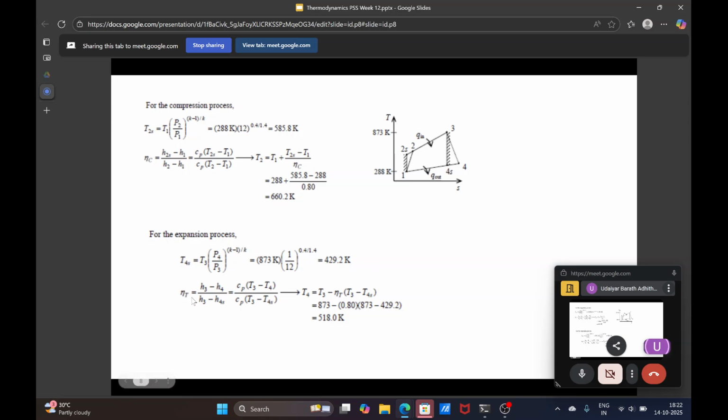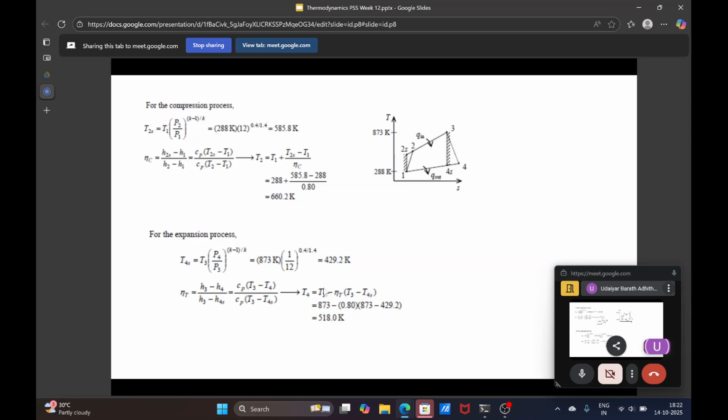The turbine efficiency is given by actual work divided by the isentropic work. So the turbine efficiency will be H3 minus H4 divided by H3 minus H4s. Writing in terms of Cp delta T and rearranging, we get T4 equals T3 minus turbine efficiency into T3 minus T4s.